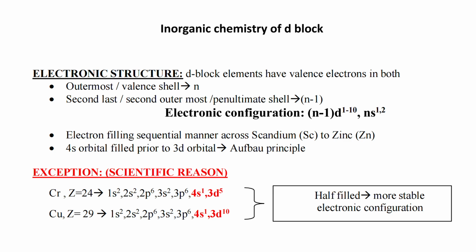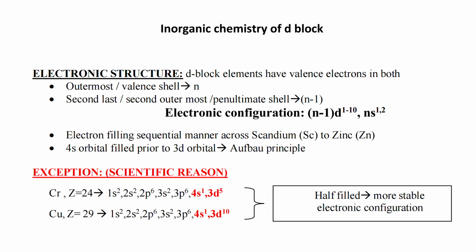If we write the electronic configuration of chromium, it becomes 1s2, 2s2, 2p6, 3s2, 3p6, 4s2, 3d4. Same goes for copper. It should have been 4s2 and 3d9. But here you can see that for these two elements, the electronic configuration is written as 4s1 3d5 or 4s1 3d10.